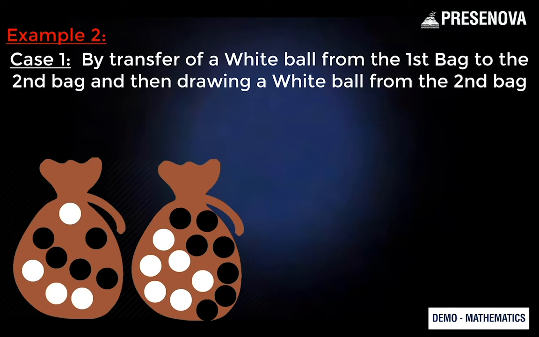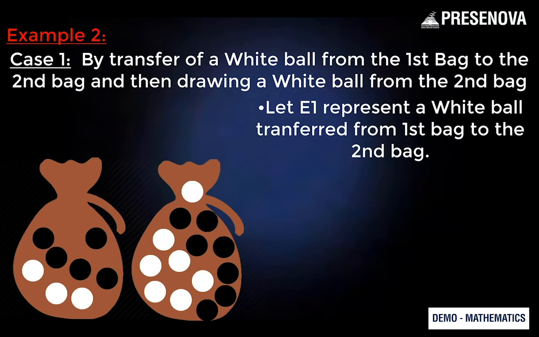Here we will be transferring a white ball from bag 1 to bag 2. Let E1 represent a white ball transferred from the first bag to the second bag. Probability of E1 is equal to 4 by 9, as there are 4 white balls in bag 1 and a total of 9 balls.